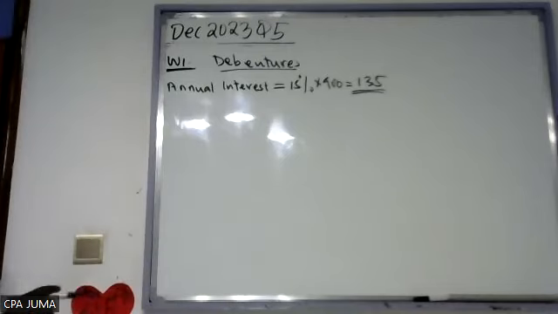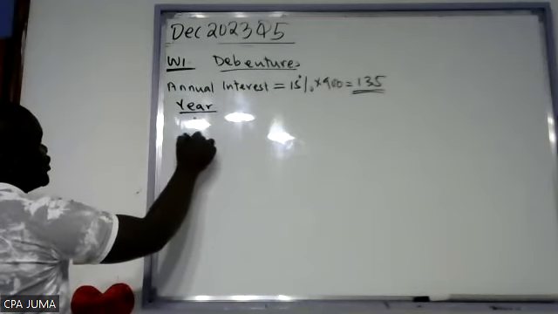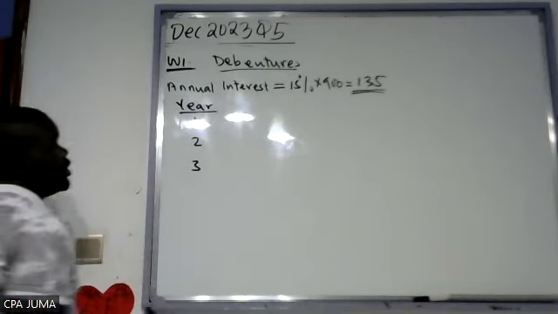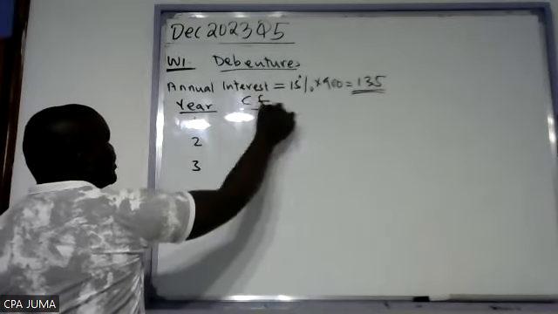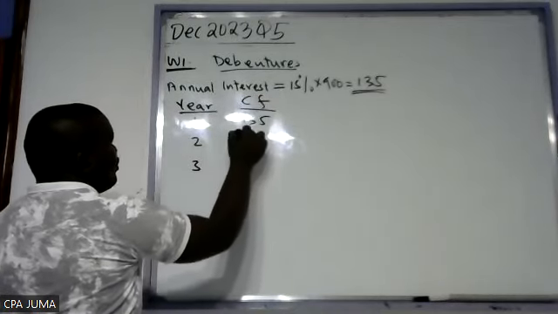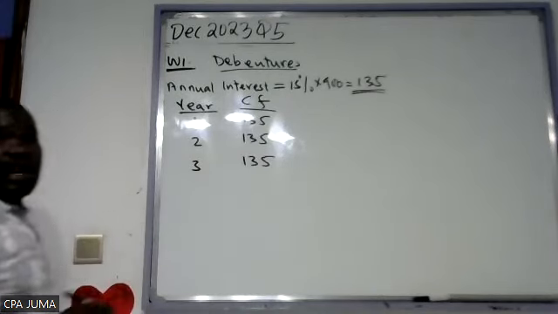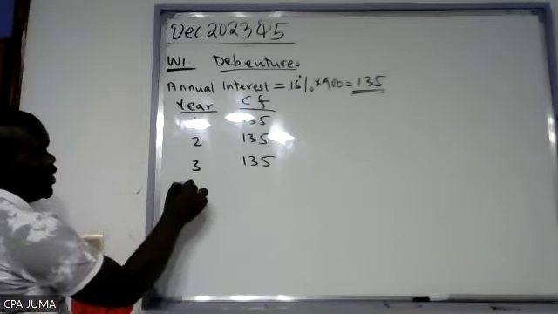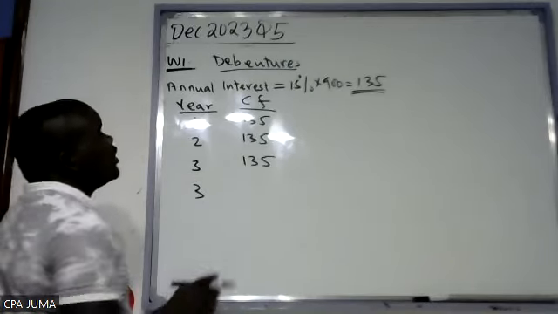years. So you will come here and say year 1, 2, 3. Then the cash flow is the 135, 135, 135. Then again, have another year 3. That one I'll tell you later.